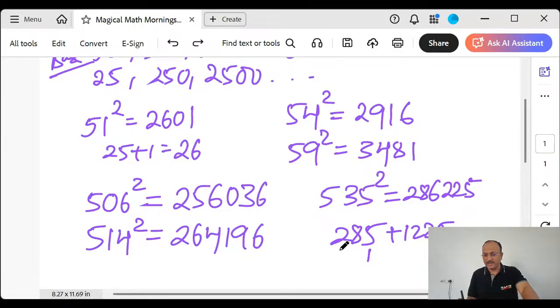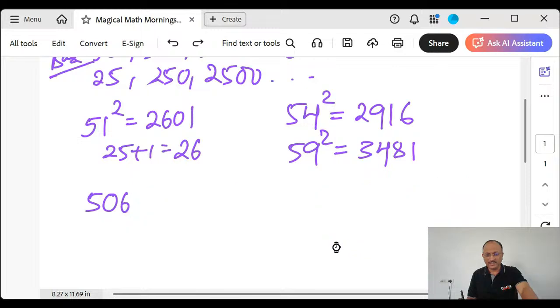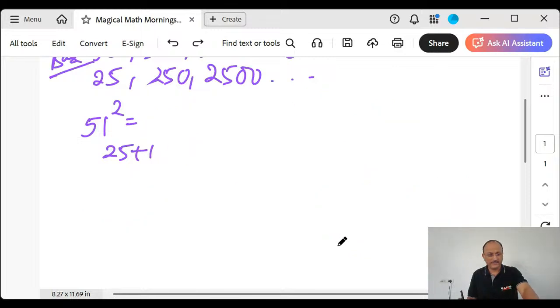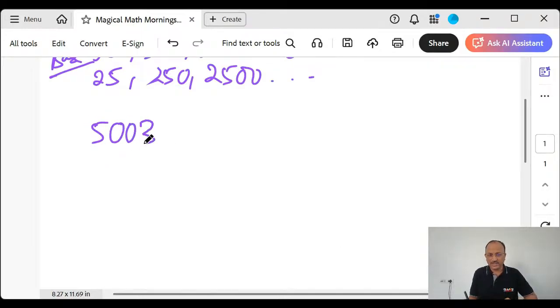Let's take a little bigger number, maybe starting with 5000. Let's start with a simple number. 5003 square you want. What is the base here? Base is 2500, half of 5000. Plus whatever the other number other than 5, that we are going to add.